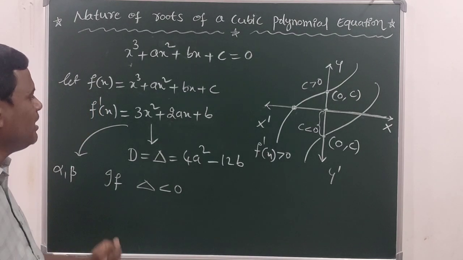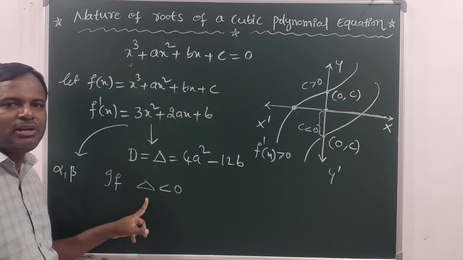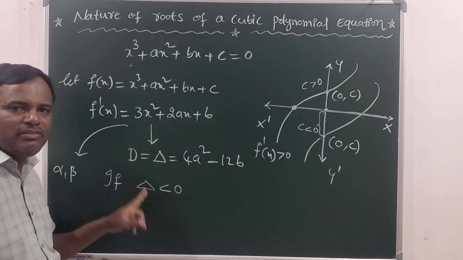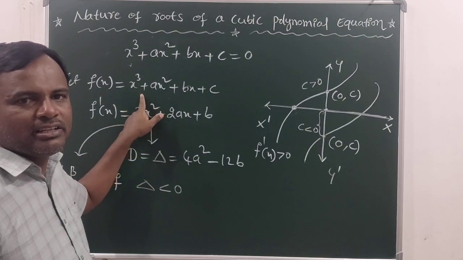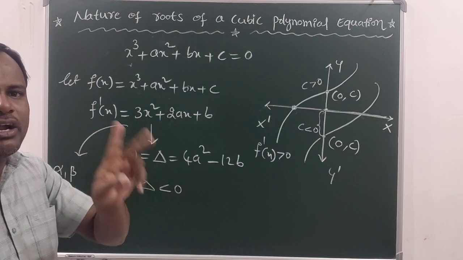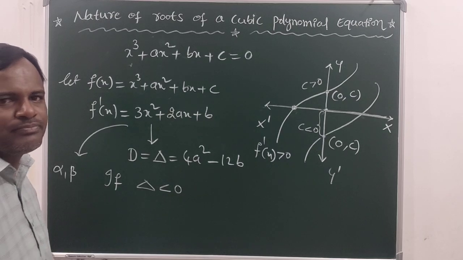Okay. Here what did I do? I just took the first derivative. I prepared its discriminant value, and if I observe this discriminant value is negative, then you have to say that this equation gets one real root and two complex roots which are conjugate to each other.